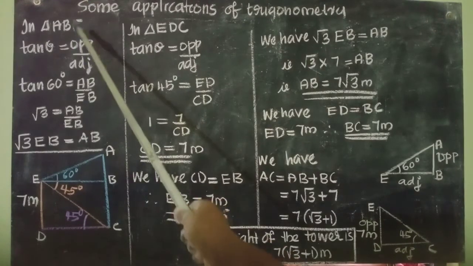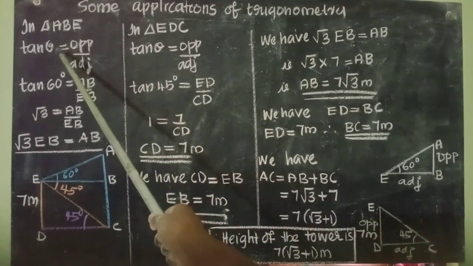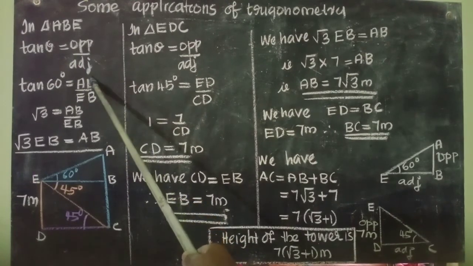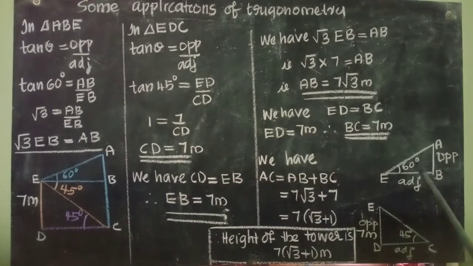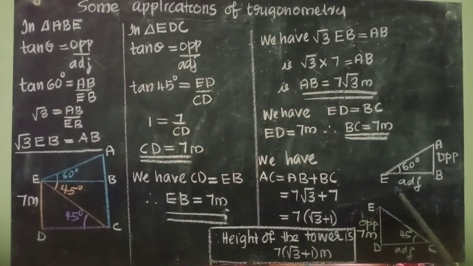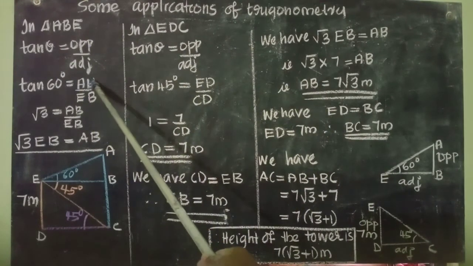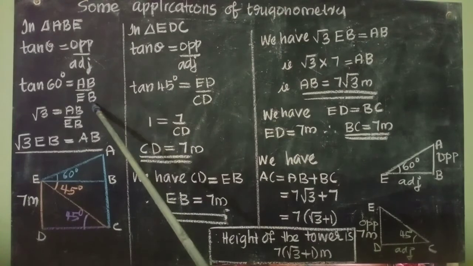First, in triangle ABE, tan theta equal to opposite side by adjacent side. In triangle ABE, acute angle is 60 degree. AB is the opposite side, EB is the adjacent side. So, tan 60 degree equal to AB by EB.